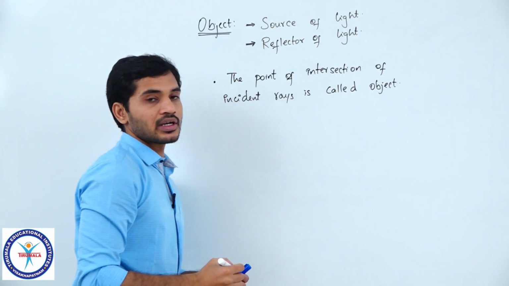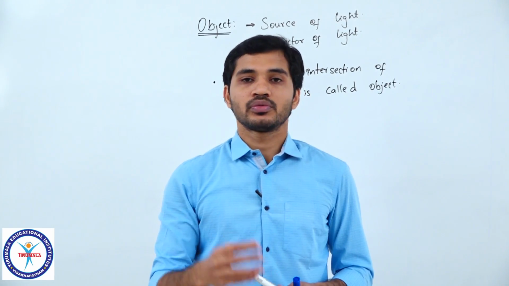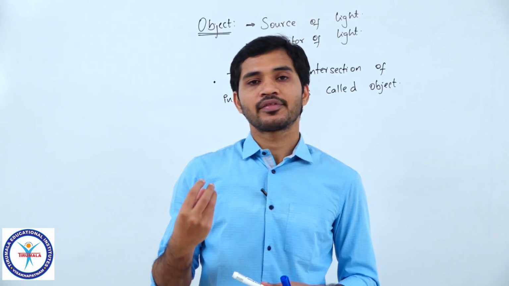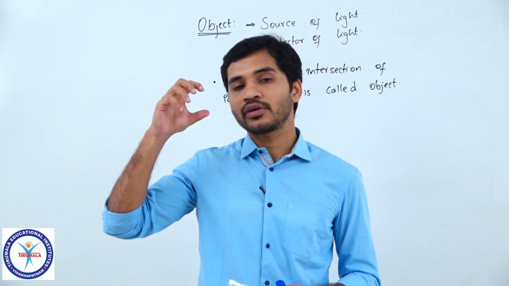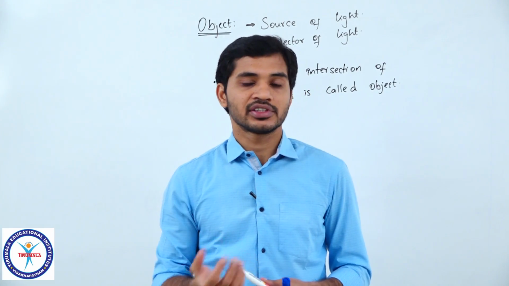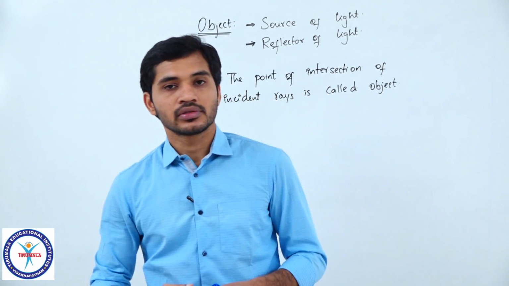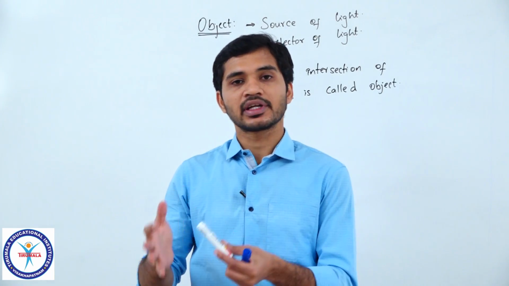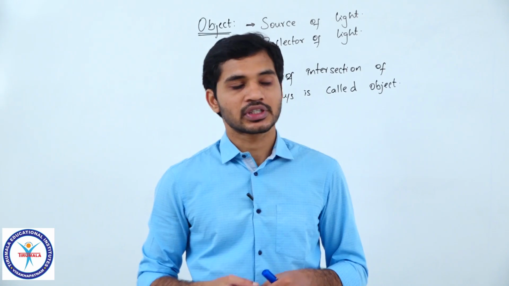A very simple definition. Whenever I have many light rays coming onto my eye, let us say, all I have to do is take those light rays and find out where all those light rays are converging, or where all those lines are intersecting. That point of intersection of all the light rays which are reaching a particular device is what we call an object. That is the position of the object.